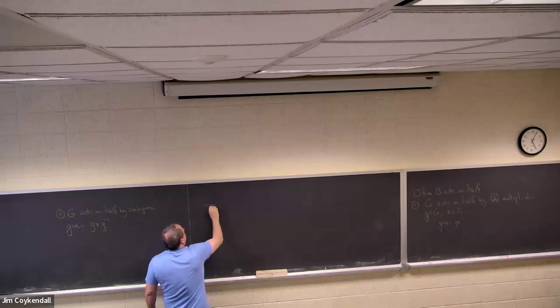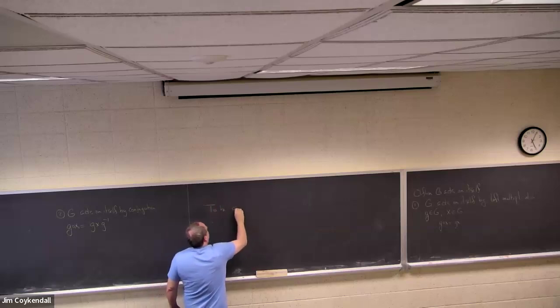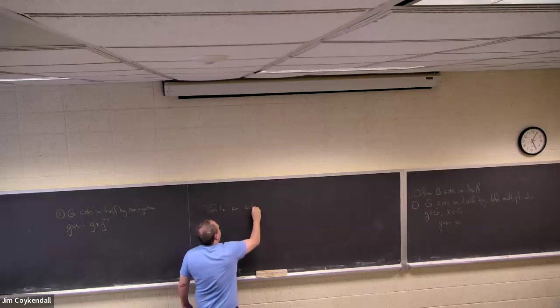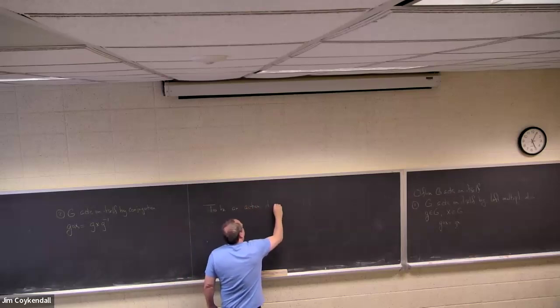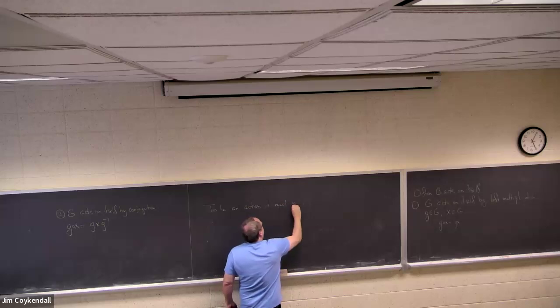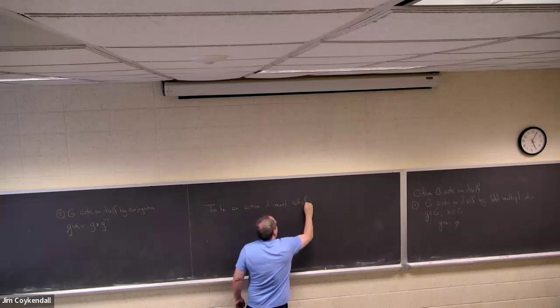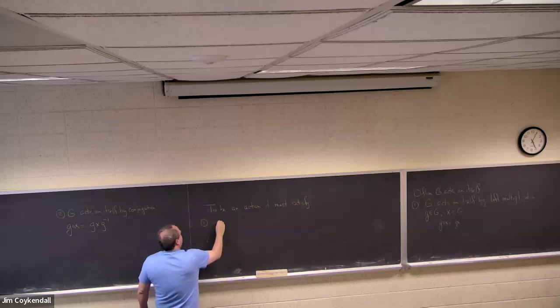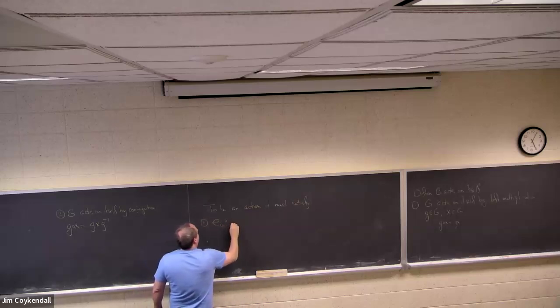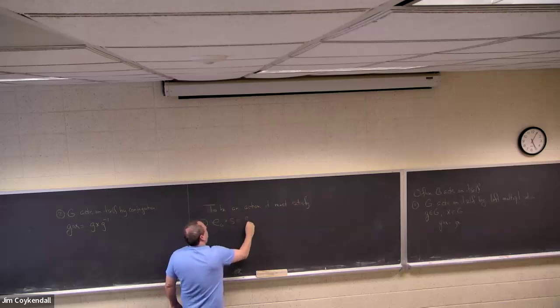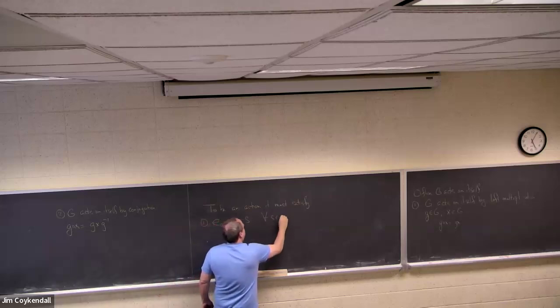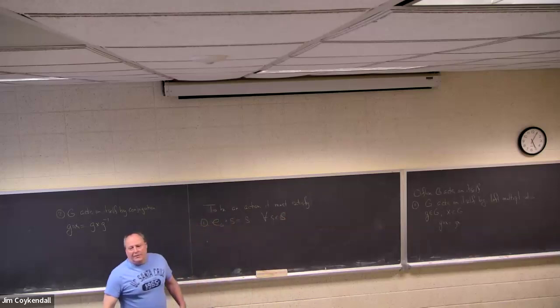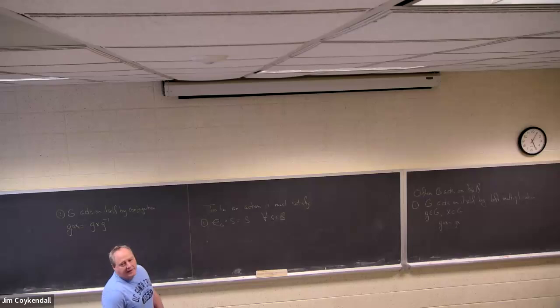And there are only two things that an action has to satisfy. Number one, the identity of G acting on S: whatever the set is being acted on, the identity leaves everything alone. That's it.